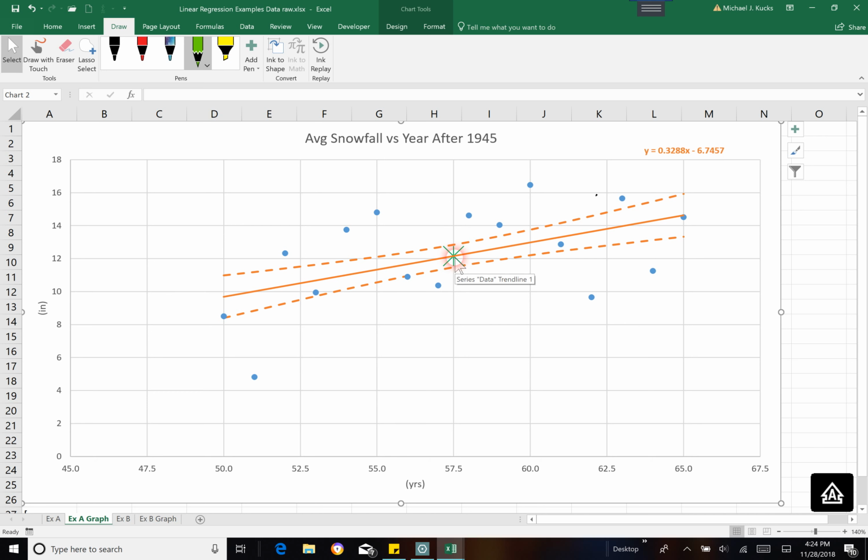And so if I want to analyze some data for year 60 years after 1945, so this is 2005, I can say the average amount of snowfall predicted by my model, this trend line is a model, is about 13 inches.